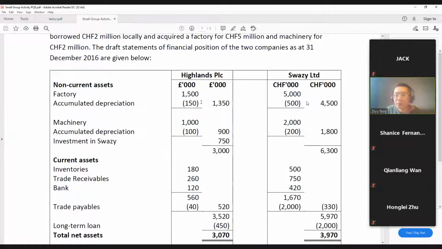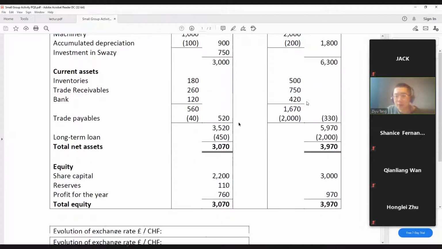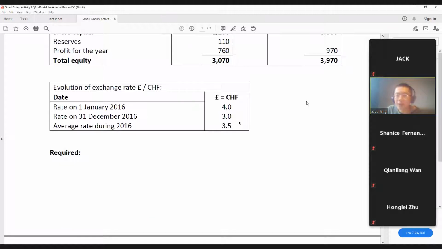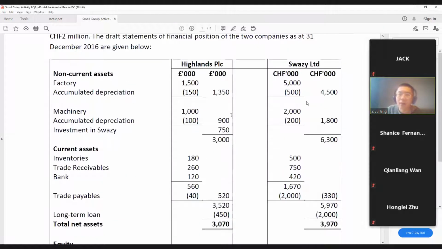You need to make the translation from CHF to British pounds. There are two methods, the temporal method and the net investment method. The only difference between these two methods is monetary assets or non-monetary assets.